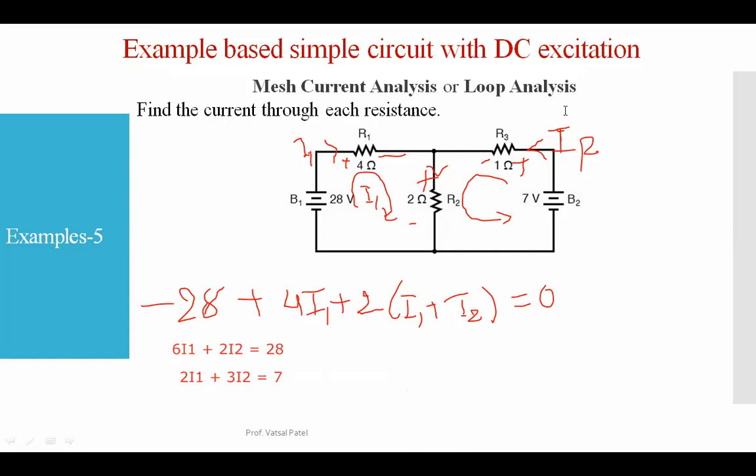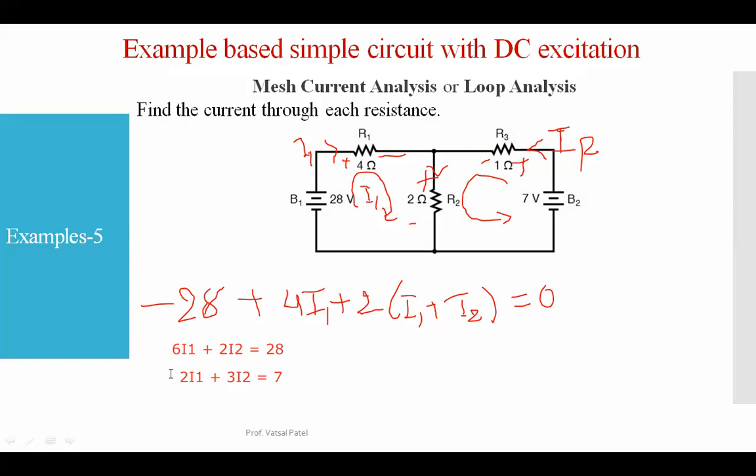Are you doing the calculation or not? Are you able to understand what I'm telling you? You just have to apply the two meshes here, because we have to apply the mesh analysis, or loop analysis method. So these are the two equations based on the two loops.